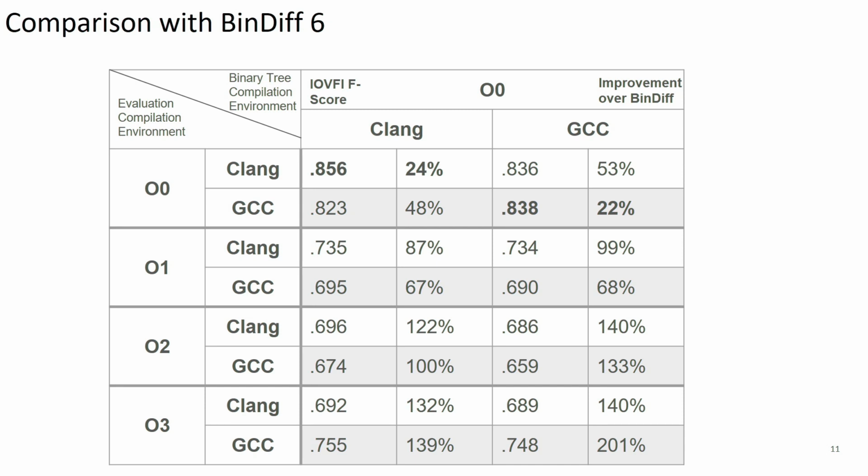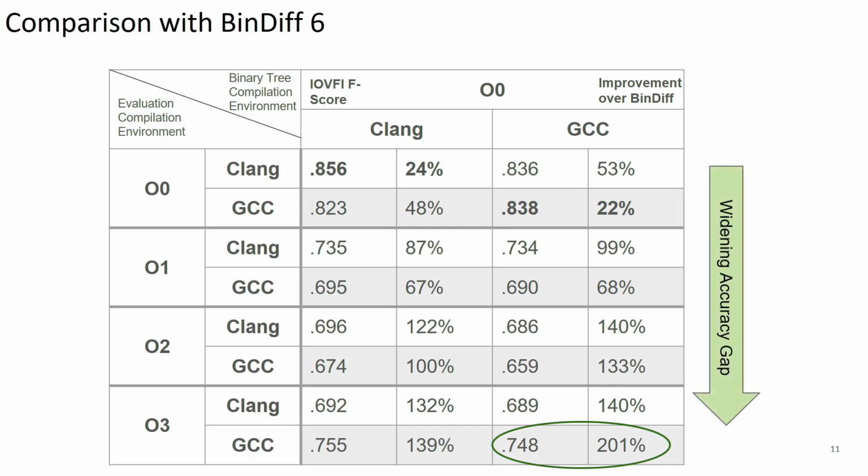However, as the compilation environments diverge from what the training set contained, we get widely improved results over what BinDiff 6 can achieve. And we generally see a trend of an increasing accuracy gap from BinDiff 6 as the compilation environments change.